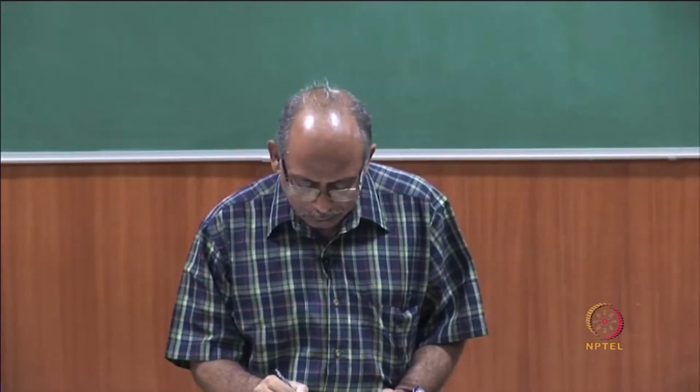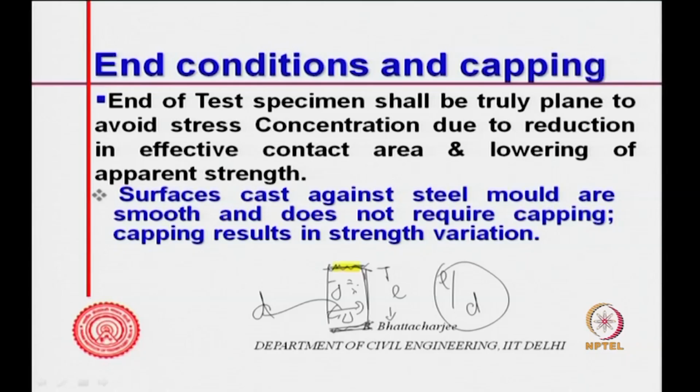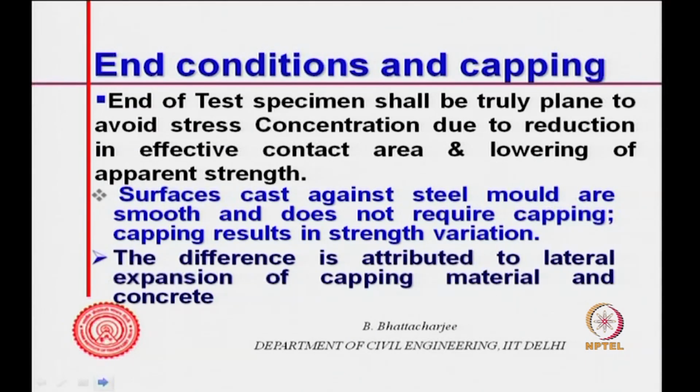That means putting some material and doing capping. If you do this kind of capping, you will see that it results in variation in the strength. So, end capping results in strength variation, right. This variation or difference that we get is attributed to the lateral expansion of the capping material and concrete.